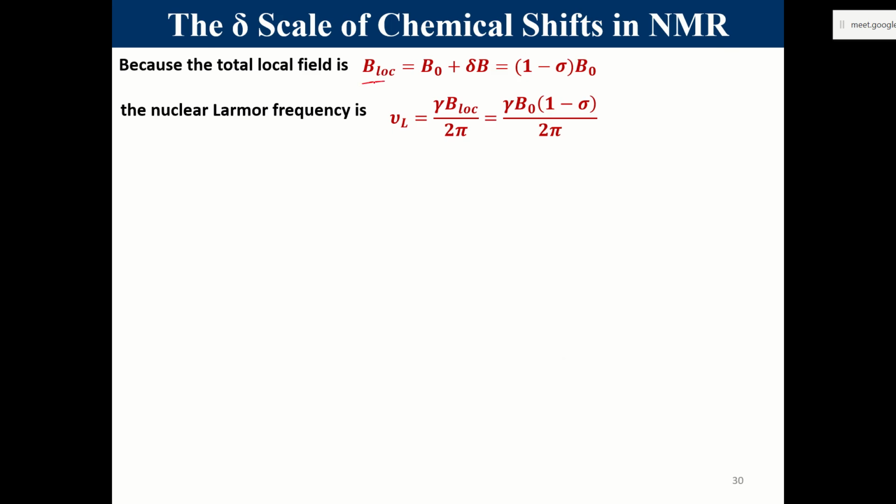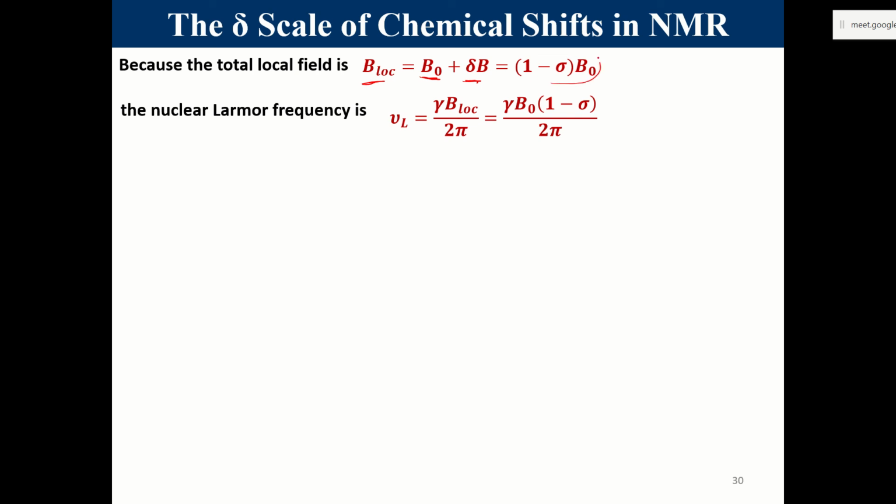So the local field, B loc, where the subscript stands for local, can be found from the external magnetic field plus the delta B component. This delta B is the locally produced field that we are adding up.